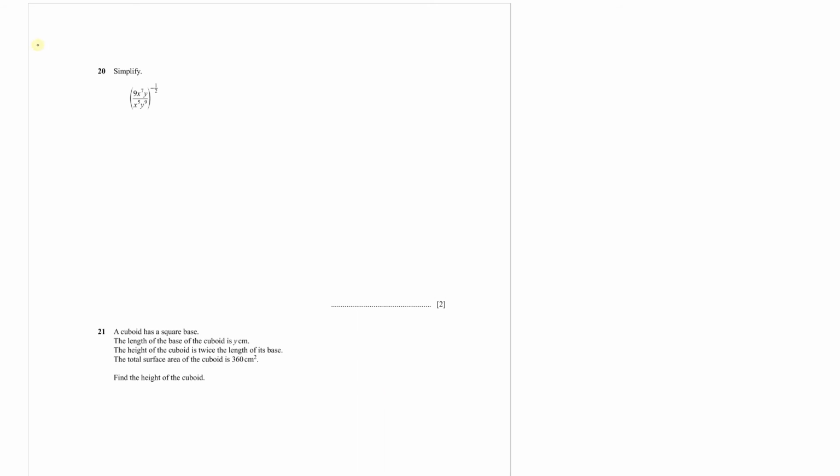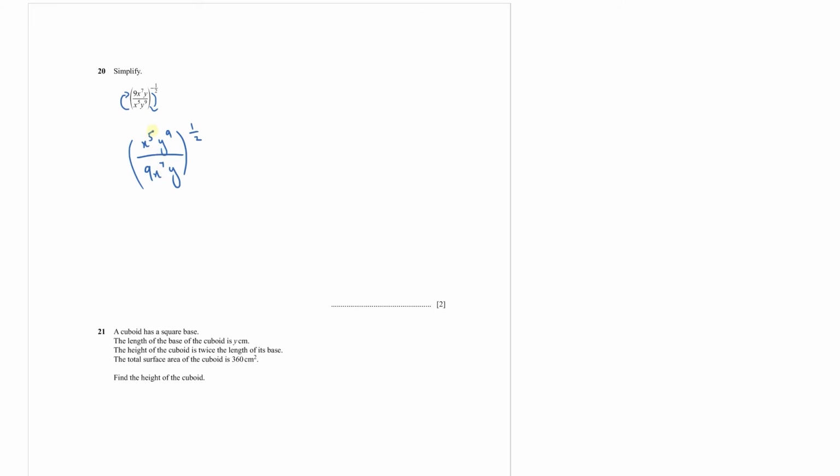The next question is you have to simplify this expression that is given. To convert this negative power to a positive one, I can take the reciprocal inside. So I can bring this to the numerator and bring this down to the denominator. So I get x to the power 5, y to the power 9, over 9x to the power 7 multiplied by y, and then whole power 1 by 2.